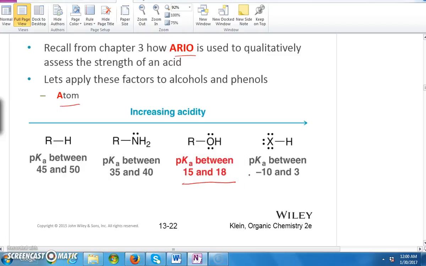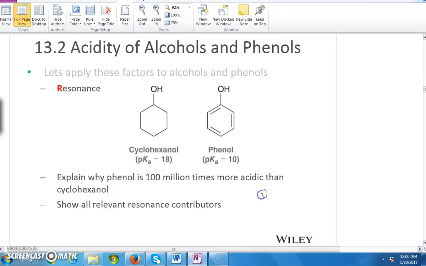I want you to be comfortable with this, and also the pKa of amines between 30 and 40, while the pKa of alkanes is between 45 and 50, while the pKa of hydrogen halides is between -10 and 3. So just get used to some of this.